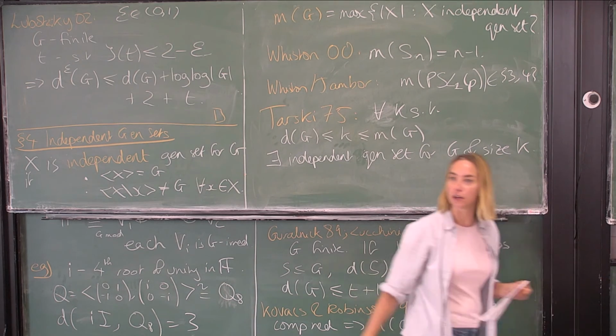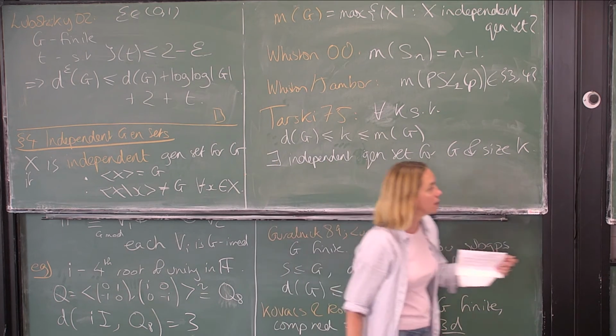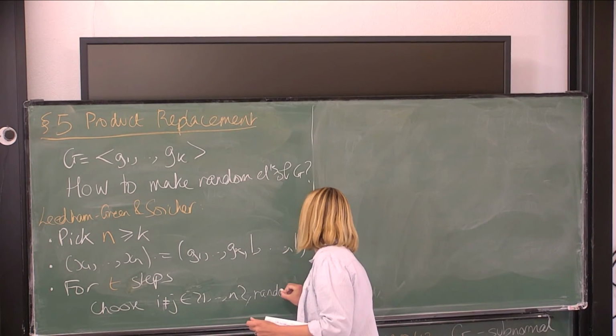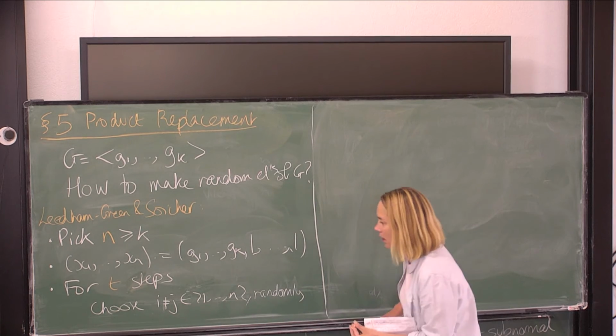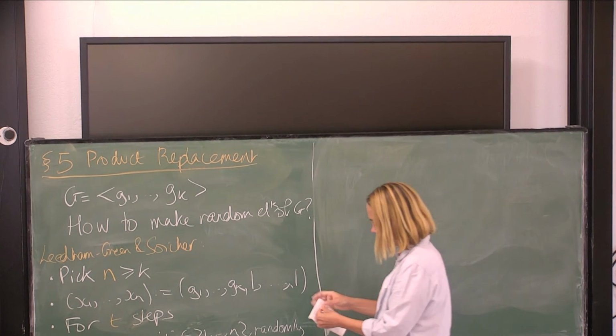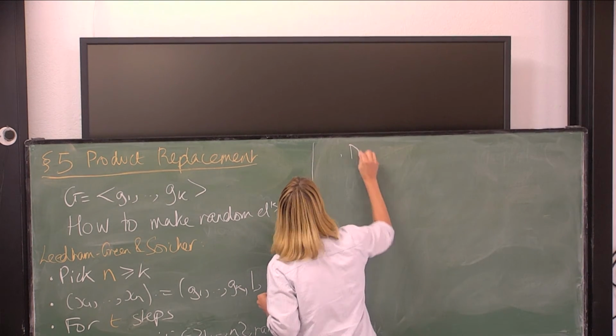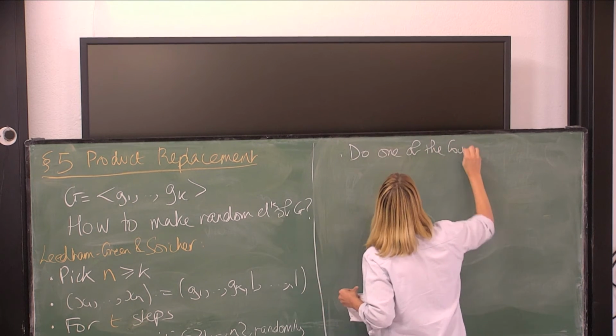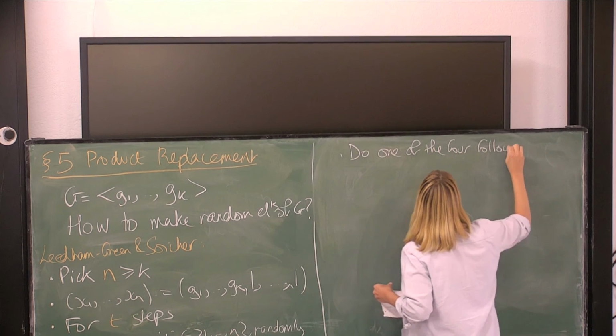So call one of them i and call a different one of them j, randomly. So we're going to assume we can generate random numbers. And do one of the 4 following operations with equal probability.